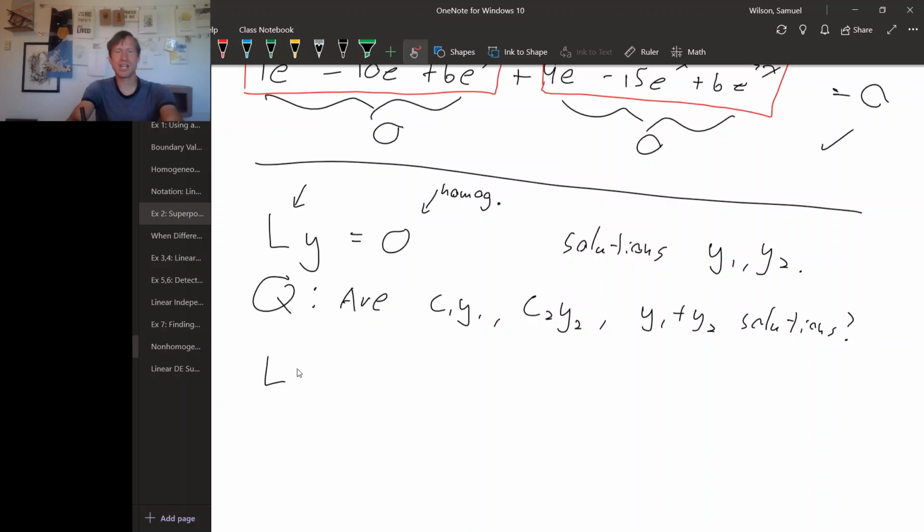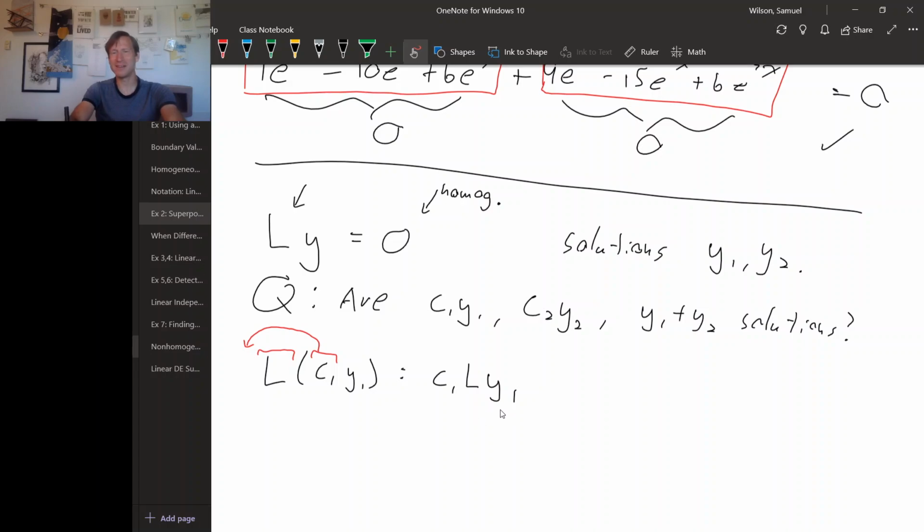So first let's check C1 times y1. So remember, C1 is a constant. Now L is a differential operator, and derivatives commute with multiplication by a constant. In other words, you can move multiplication by a constant outside of the differential operator. So that gives you C1 times L applied to y1.